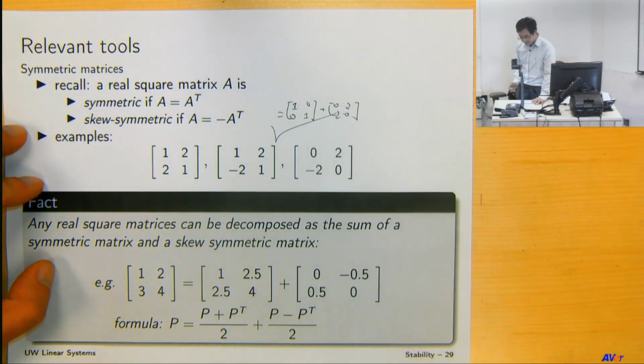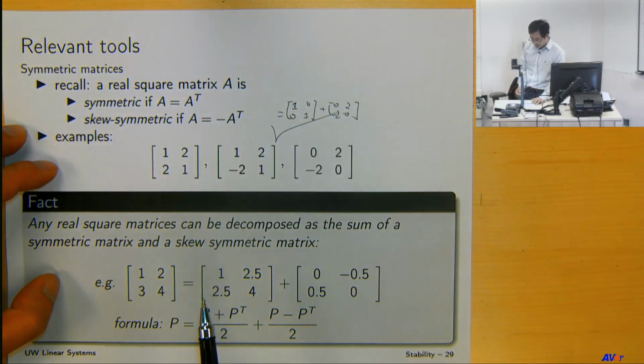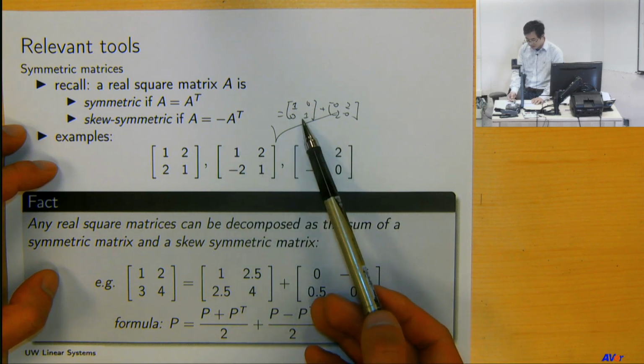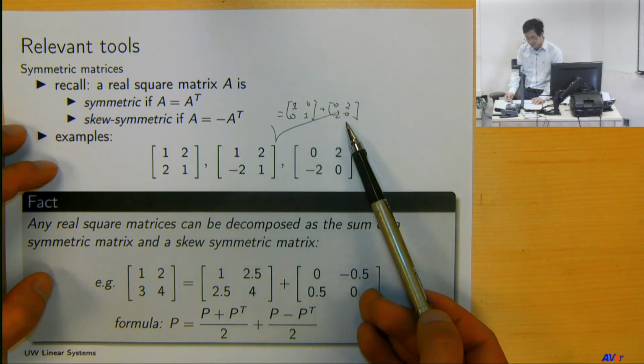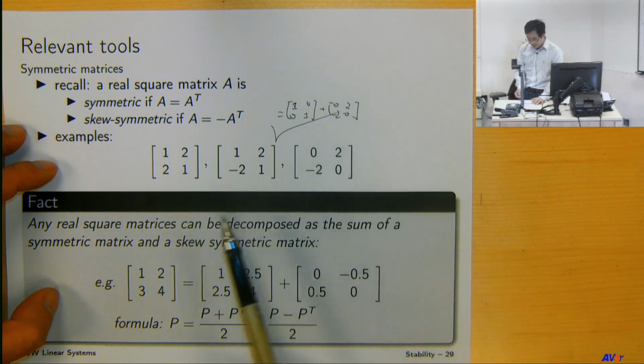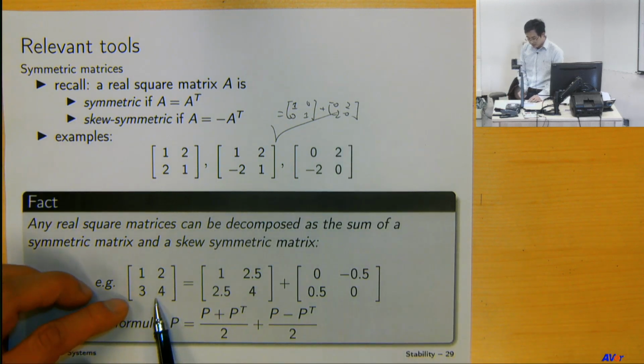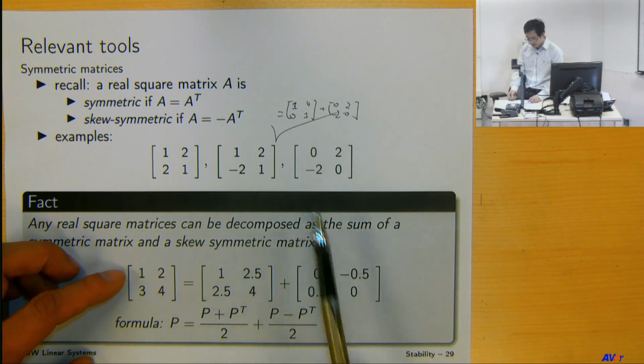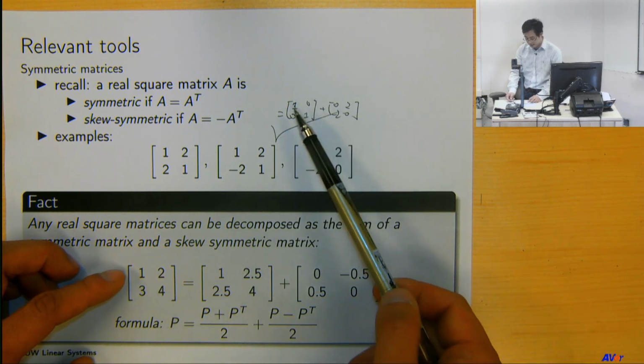So you can see, in a quick example, a general matrix decomposed into a symmetric matrix plus a skew symmetric matrix. Even a non-trivial matrix can be decomposed into this structure.